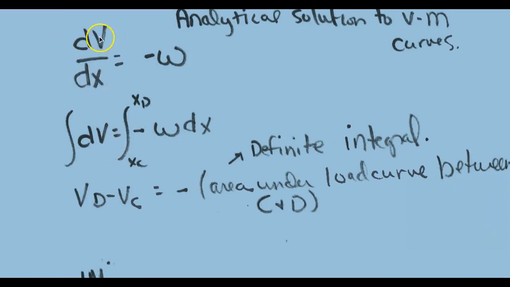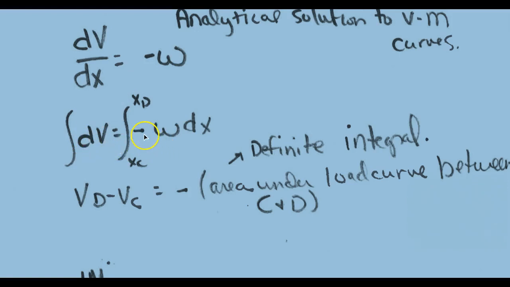We have two mathematical relationships. The first derivative of shear with respect to x is equal to minus W, or minus the load curve. Now in the instance that we just showed, W is a constant, but in any case, whether it's a constant or it's a function, you can treat this as a first order separable differential equation.